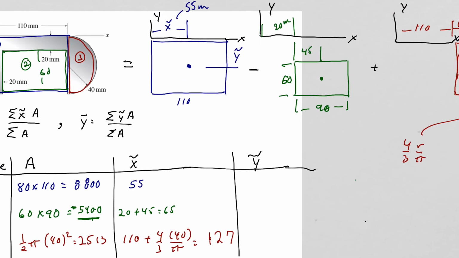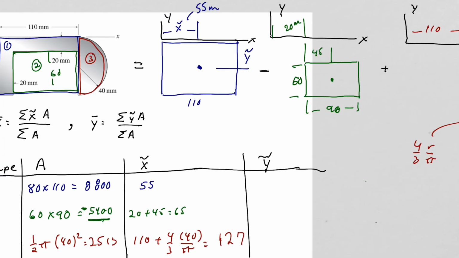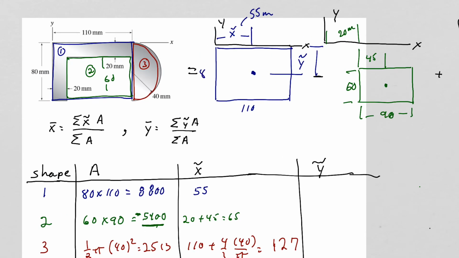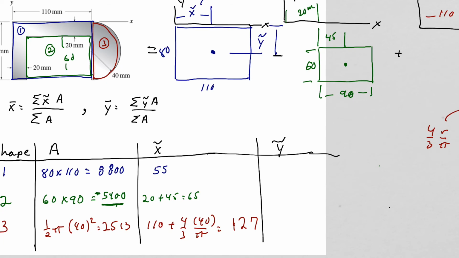So for the blue rectangle, it is this distance coming down, right? And that distance, again, this side is 80, and it's down to 40, so half that distance is 40. But realize it is a negative 40 millimeters because it is below the x-axis, so the y value is below that.